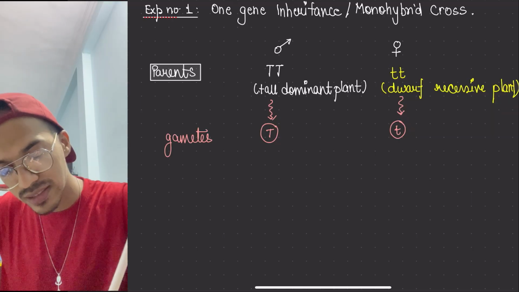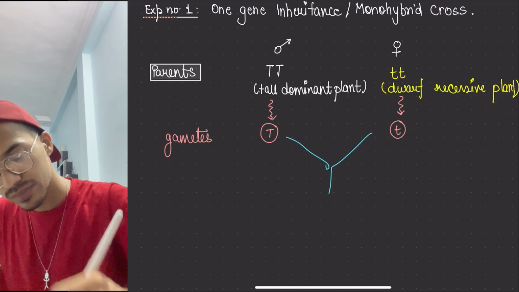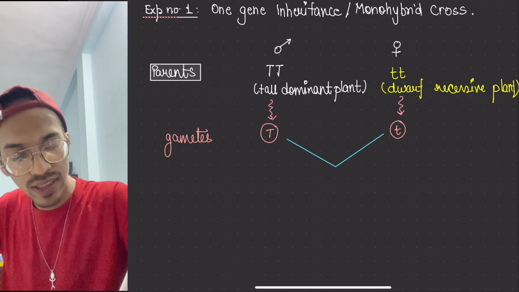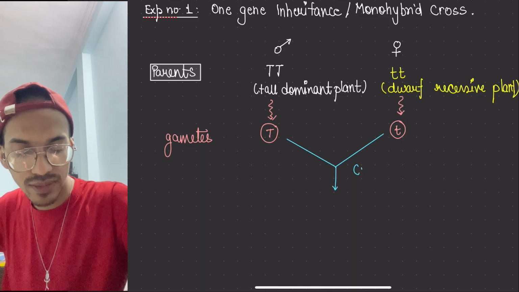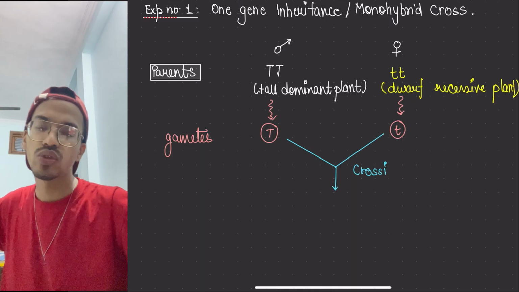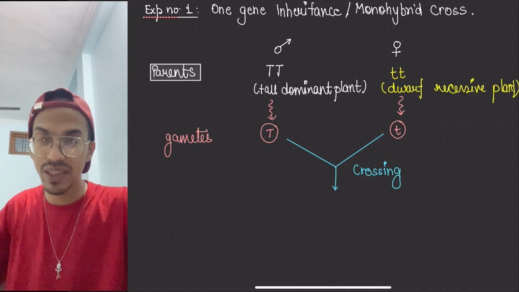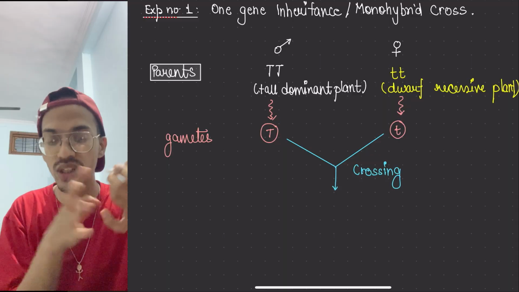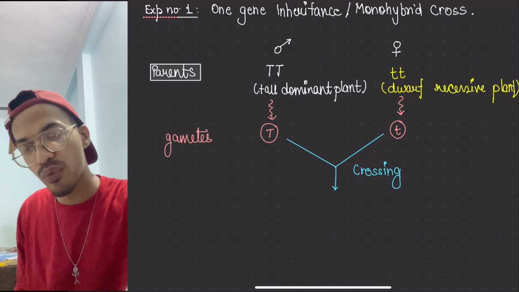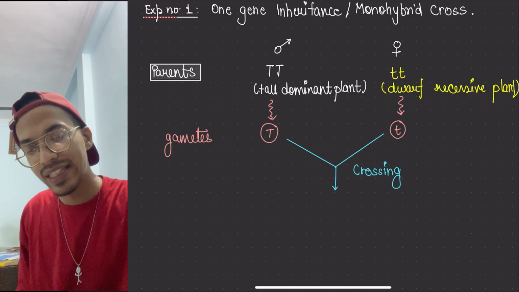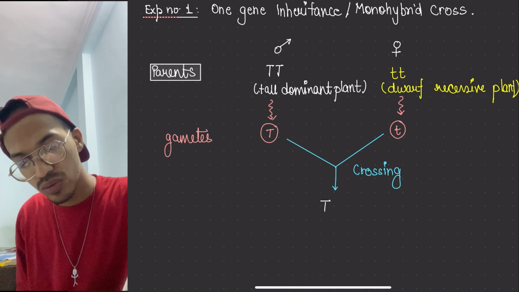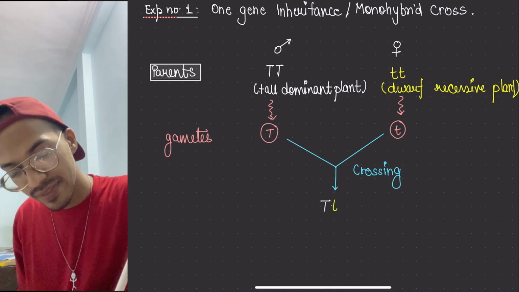Then the next thing is the crossing. Okay. So when we are doing this crossing, it means we are taking two different plants and doing their fertilization. We call it crossing. Okay. And what will happen? A capital T gene will come and a small t gene will come, and this becomes what?